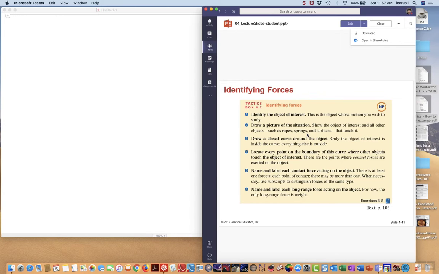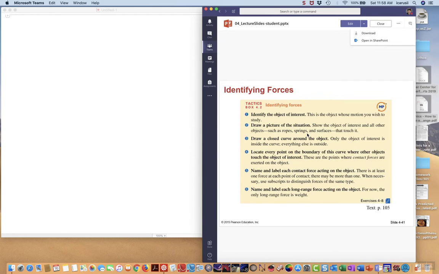So locate every point on the boundary of this curve where the other objects touch the object of interest. Again, this is the system situation that you have to pay attention to. Name and label each contact force acting on the object. This is actually kind of important. Name and label each long-range force acting on the object.